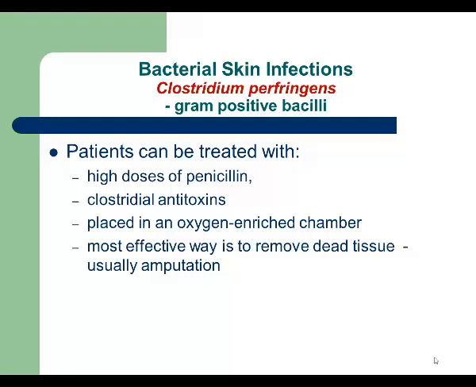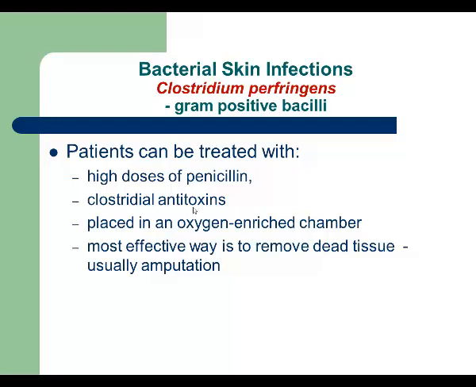Of course, to neutralize toxins produced by Clostridium perfringens, we're going to use Clostridial antitoxins. Very often we place those patients in oxygen-enriched chambers, and this way we also try to stop the spread of the infection.